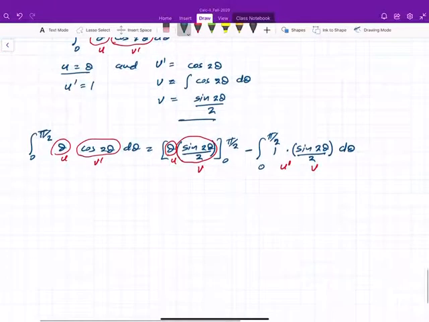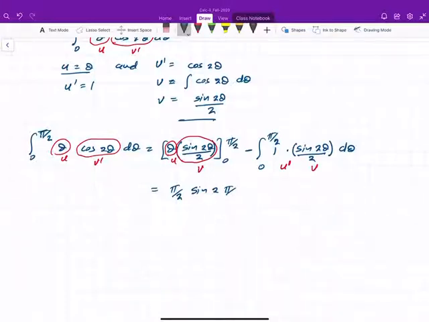Okay, let me simplify this further. So this equals, just plug in the upper limit, pi over 2, then sine 2 times pi over 2, divided by 2, and then minus 0, and then here minus from 0 to pi over 2, and then let me take this half out.